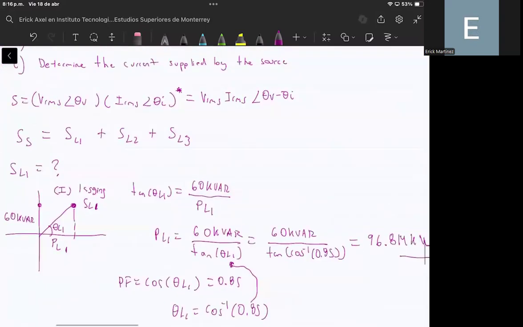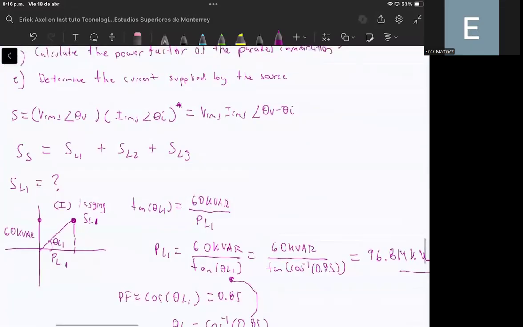Okay, so I now have the real power and the reactive power, and I can use them to find the complex power for the first load. The real power is 96.814, and the reactive power is 60, with a J, because this is the reactive power, that's why I am placing this imaginary number.